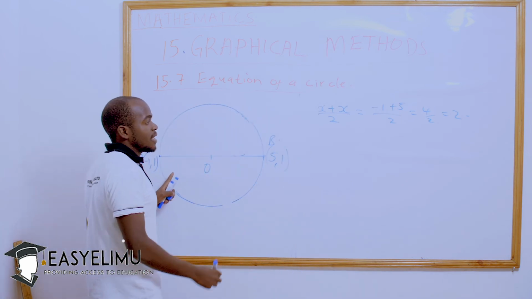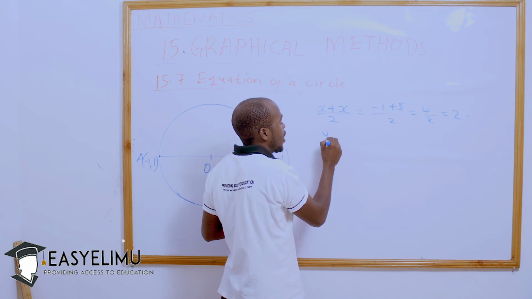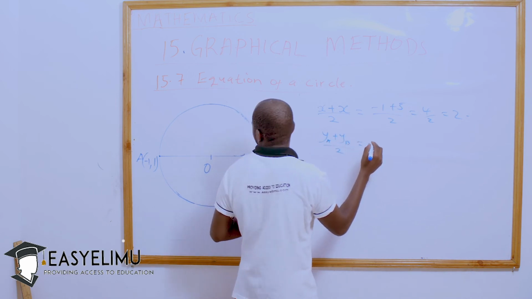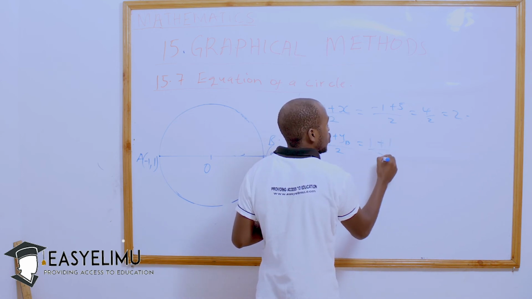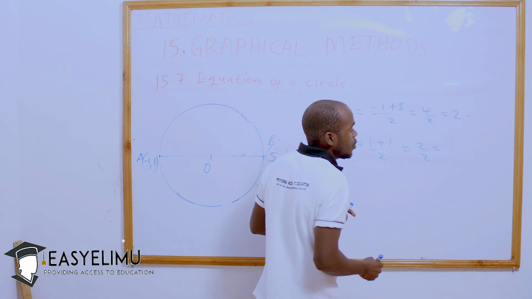The y coordinate will be y of A plus y of B, divided by 2, which is 1 plus 1 divided by 2, that is 2 over 2, and it will still give 1.